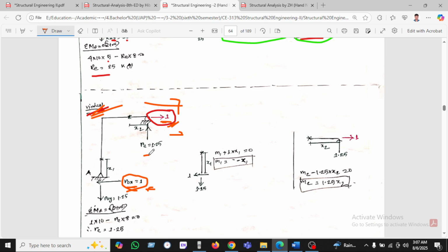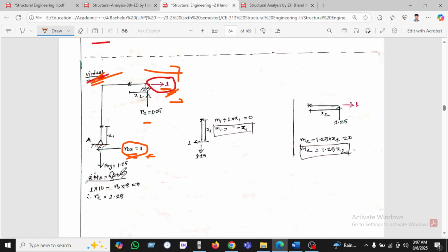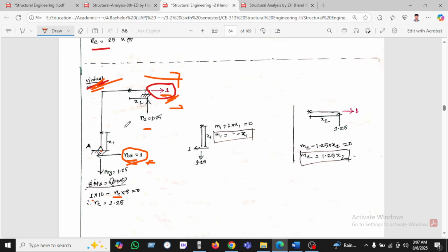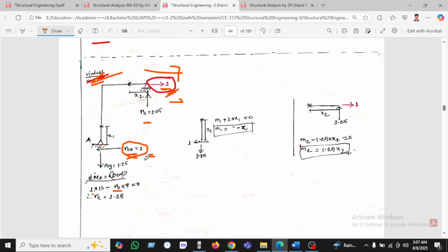What will be the value of RC? Taking the moment about A, 1 is here and the distance is 10 feet, so 1 into 10 equals RC into 8, where 8 is this distance. In this case RC is found to be 1.25, and 1.25 is upward.